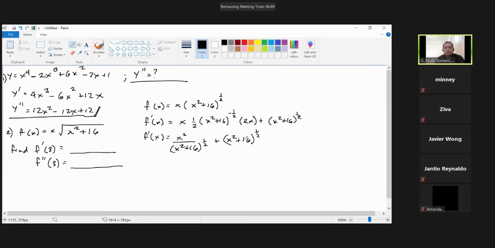Basically, we do not need to write it in simplest form because we are still going to evaluate it when x is equal to 3. So get your calculators and apply it here.